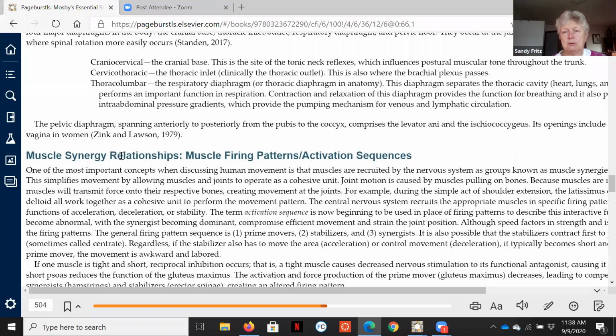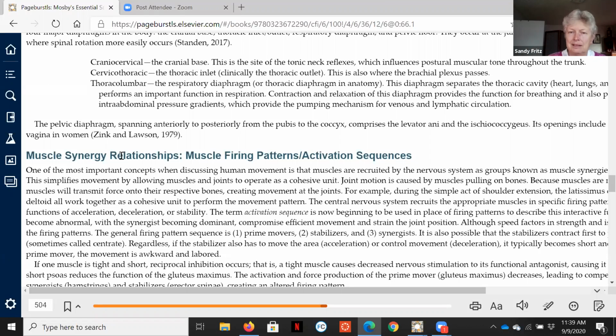So, for example, if I'm going to take a step, I have to have some contraction of the gluteal group to stabilize, so that I can then use the hip flexors to bring that leg forward.